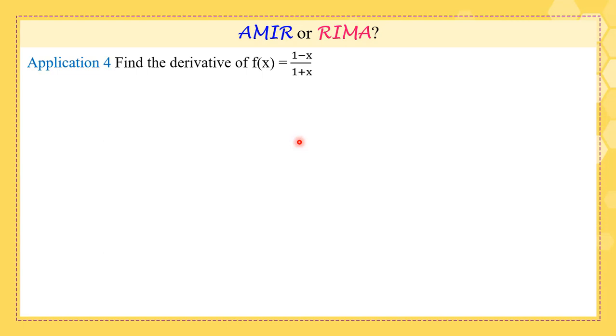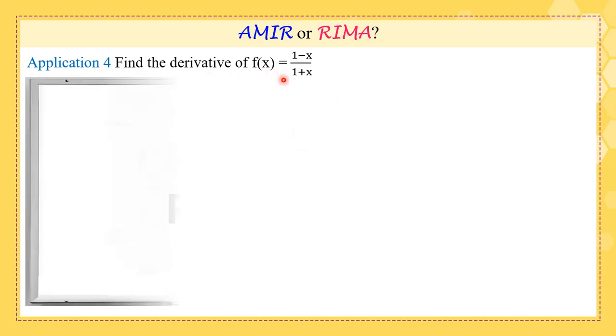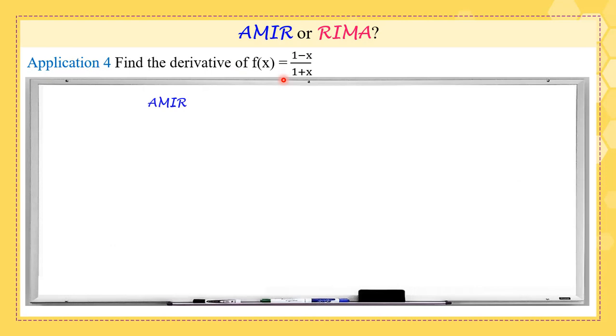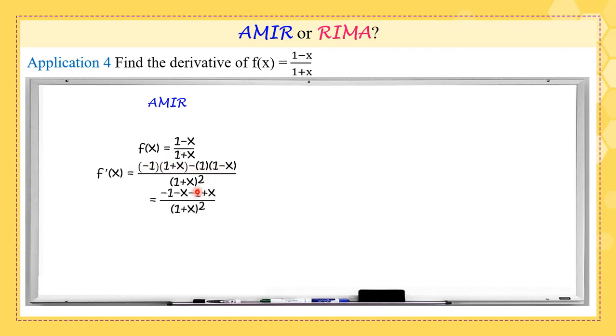Now, let's see Amir and Rima in another application. The question is to find the derivative of this function. Amir, this is f of x. So Amir used the general form as u over v, and the derivative is (u prime v minus v prime u) over v squared, and he simplified to get minus 2 over (1 plus x) squared.